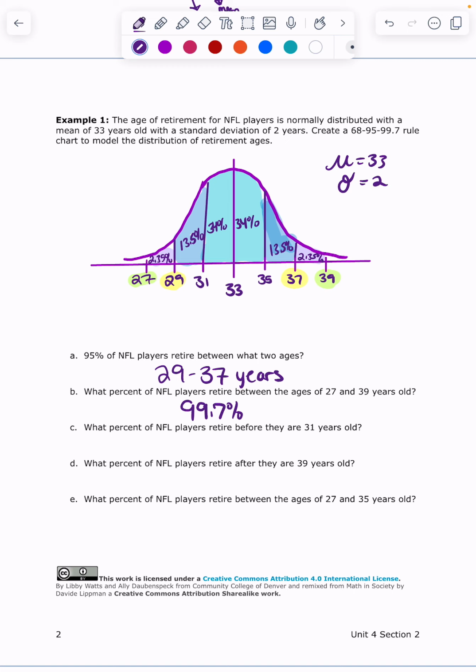And then what percent of NFL players retire before they are 31? So that would mean less than 31 years old. Oh, I forgot to put in the 0.15 here. I'm going to put it kind of off on the side so I can actually read it. So we can just add, right? You can add up all the percentages before 31.